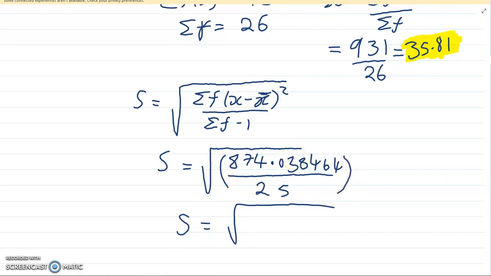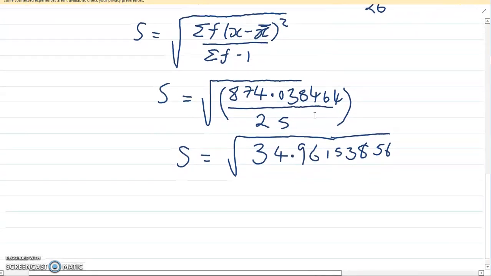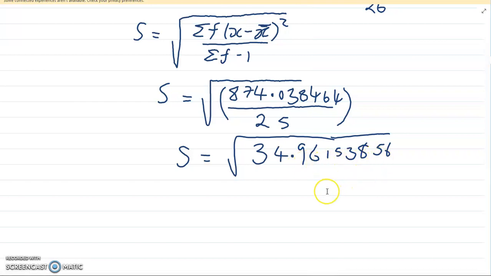So s will be equal to the root of this divided by that, then later we get the square root, right? So when we get that number right here, 34.96153856, then the square root of this is, what's the square root of this?